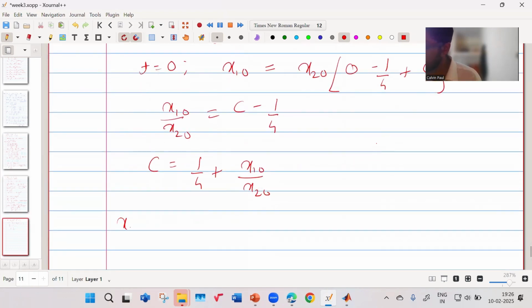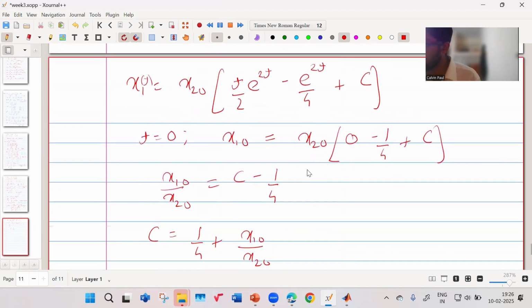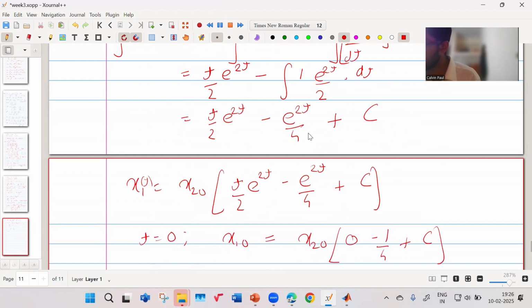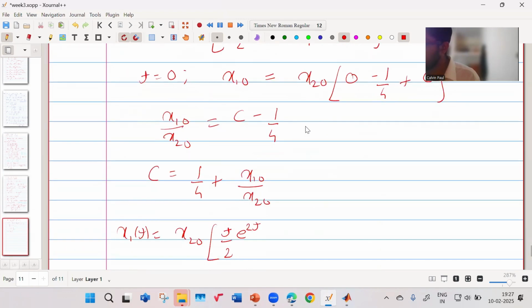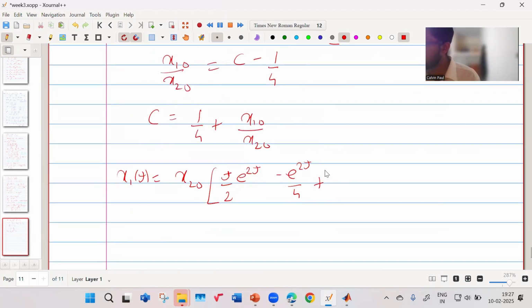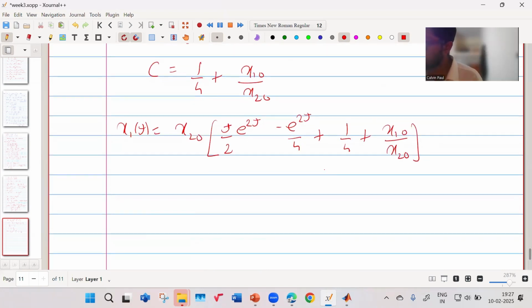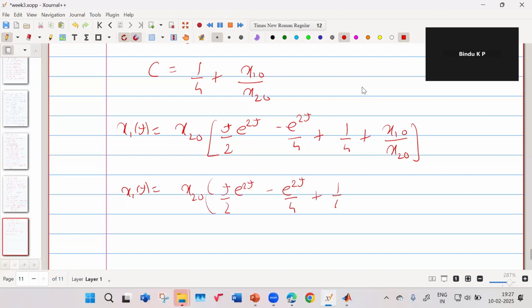So our x1 of t is equal to x2(0) into t by 2 e to the power 2t minus e to the power 2t upon 4, plus c, that is 1 by 4 plus x1(0) upon x2(0).